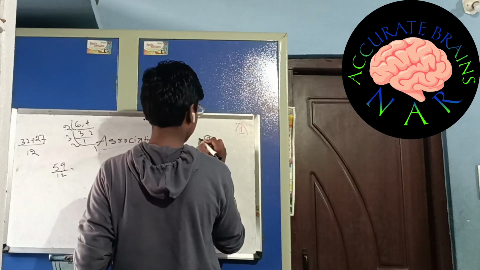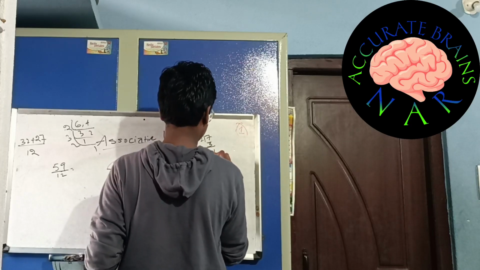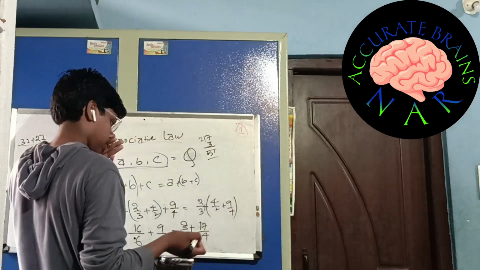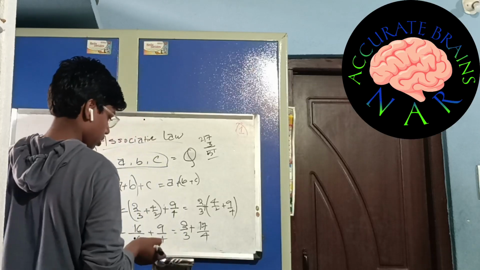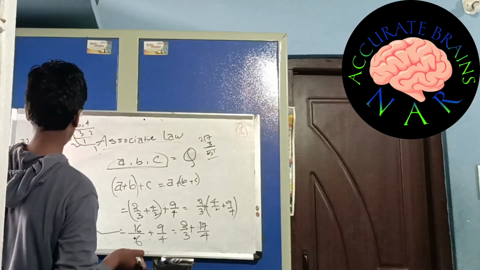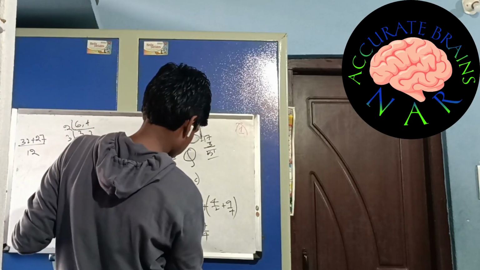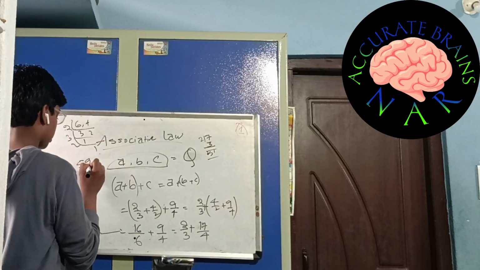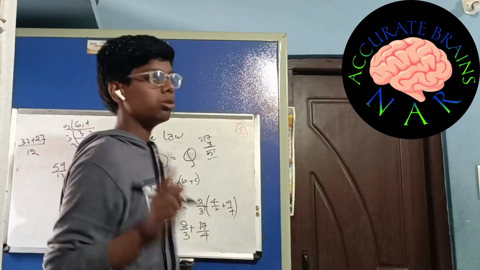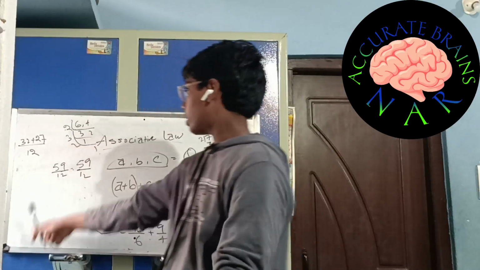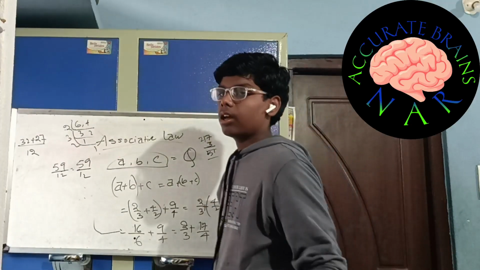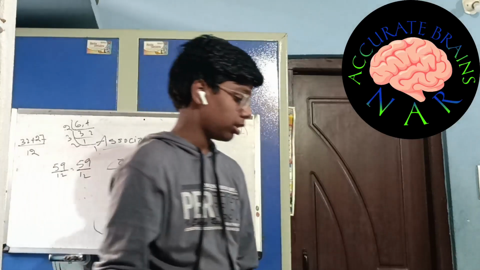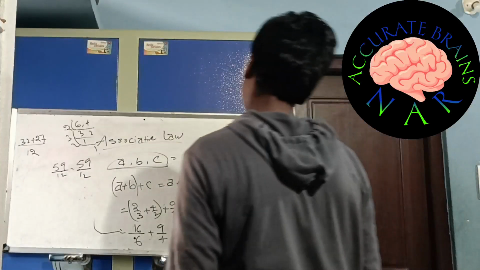Okay, 51 and 51 plus 6, into 4 plus 8. Here we got 59 by 12. So both LHS and RHS are equal, so the associative law is satisfied over rational numbers. The associative law is completed, guys.